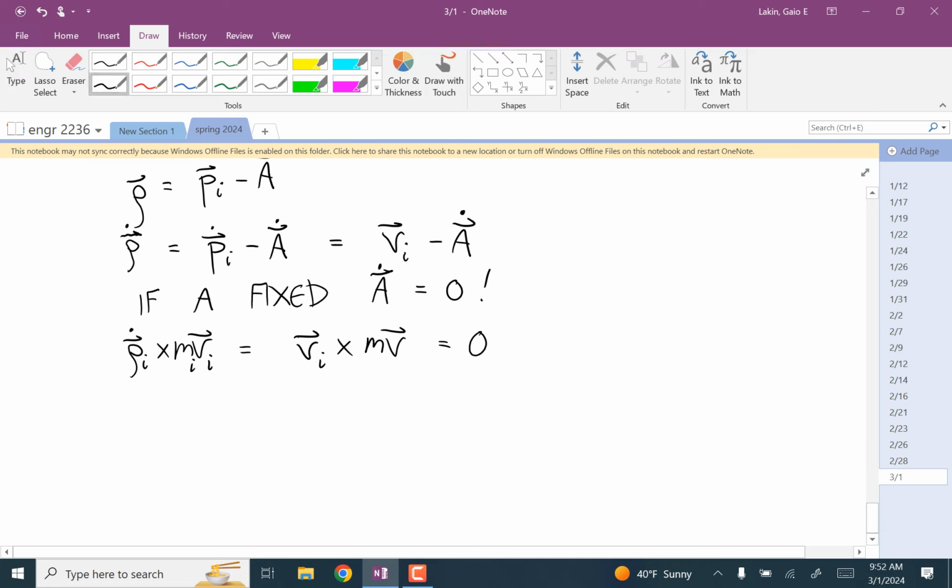So what we get is that the net moment about A is equal to H A net dot, if A is fixed.